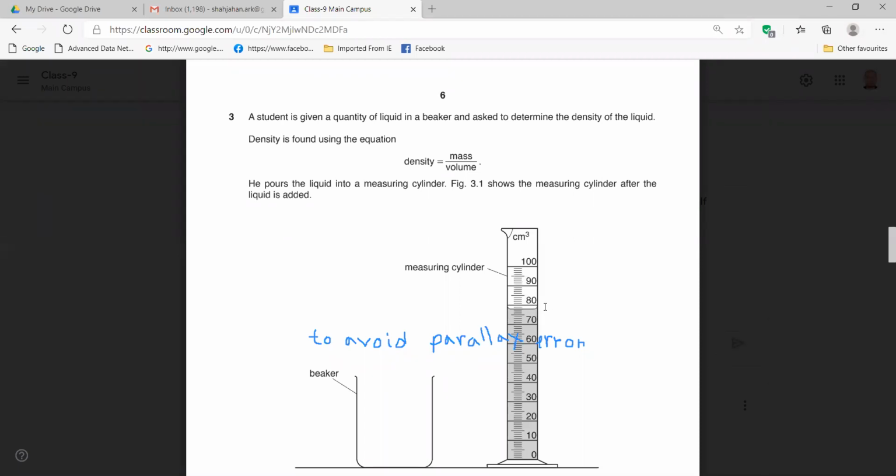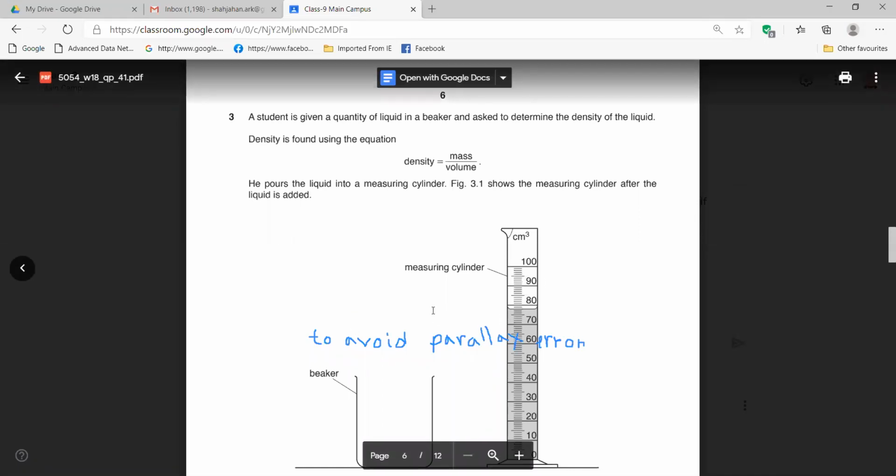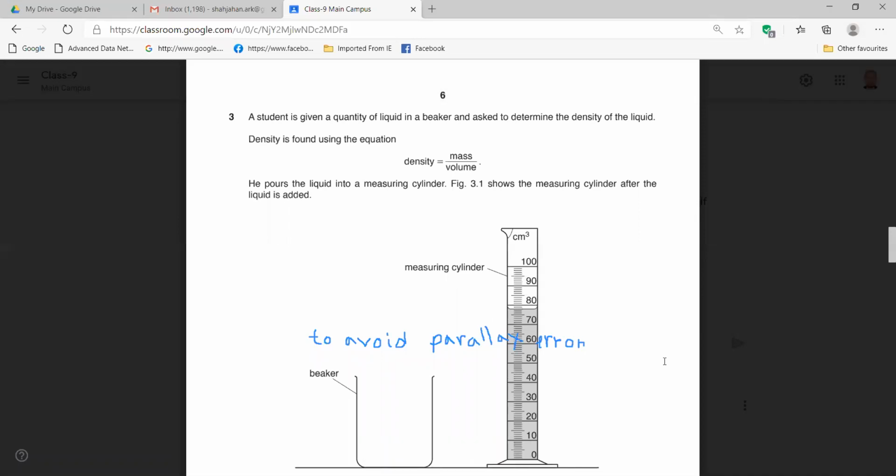It will work like a glass in your eyes. Do you understand? Yes, sir. And if you look from above, then you will see it maybe some points below 78. So it will also give some error, right? And these kinds of error are called parallax error. Do you understand?